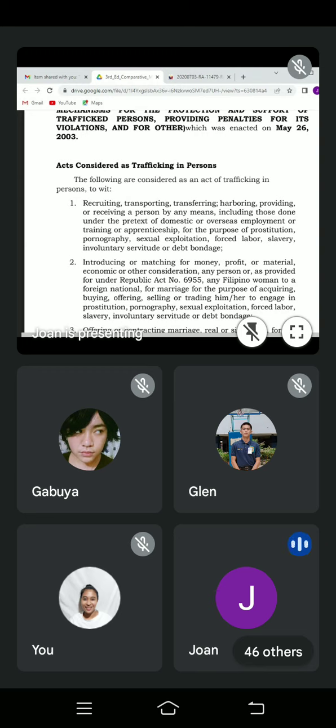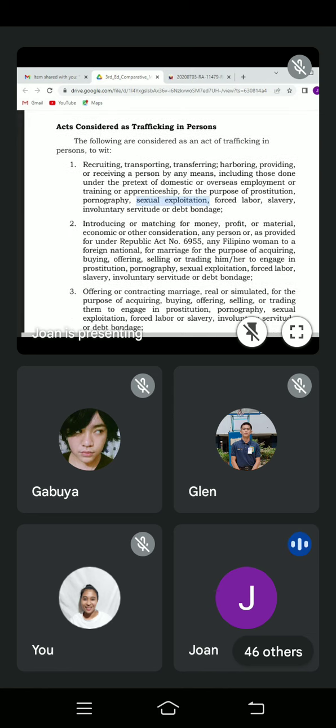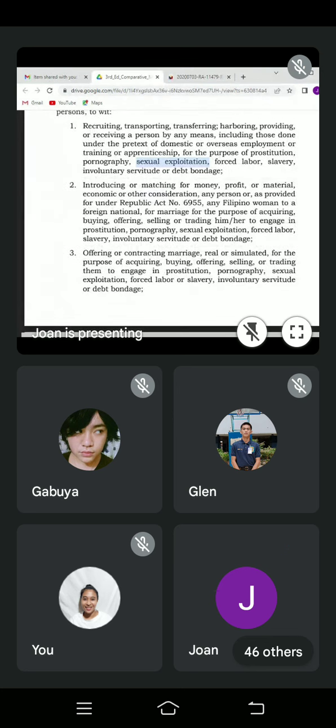So human trafficking could be diri ra sa Philippines mahitabo, could be outside. No, as long as naay recruiting, transporting by any means of person. Unsay purpose niya? Prostitution, pornography, sexual exploitation, forced labor, slavery, involuntary servitude, or debt bondage.